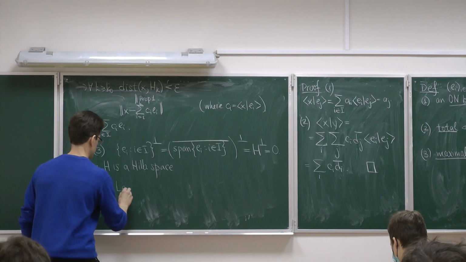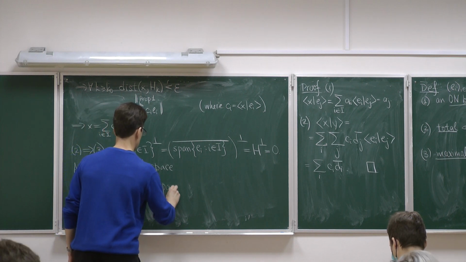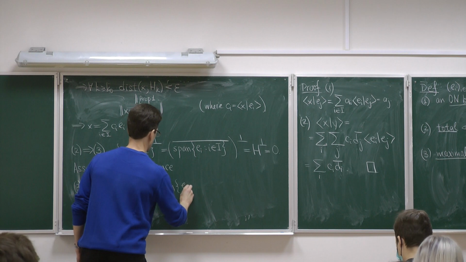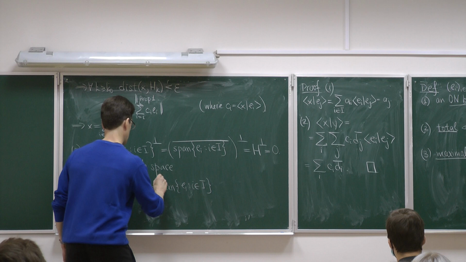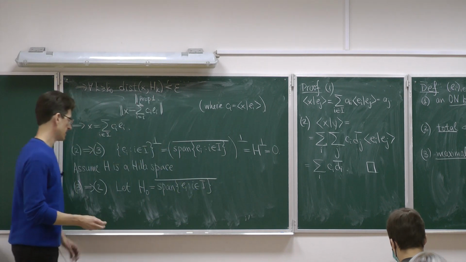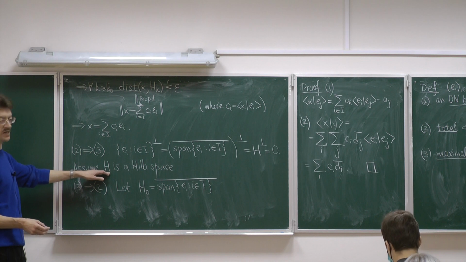Let H_0 denote the closure of the linear span of our family e_i. Since H is a Hilbert space, we can apply the orthogonal complement theorem.